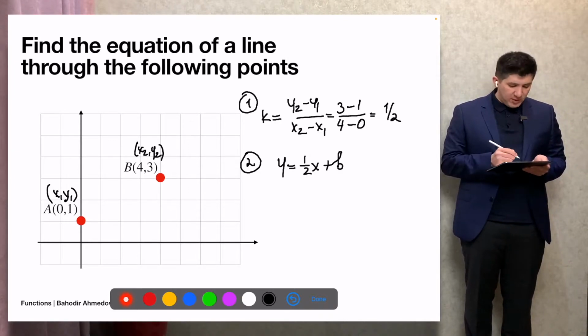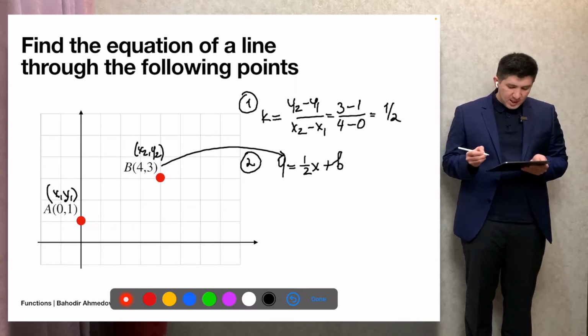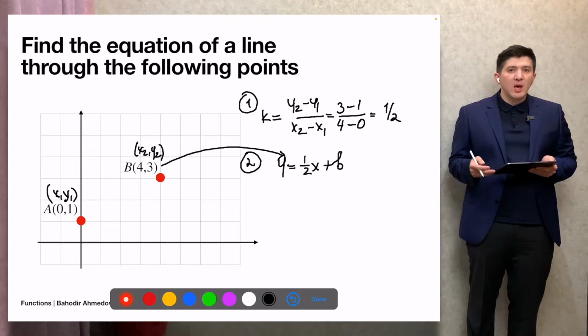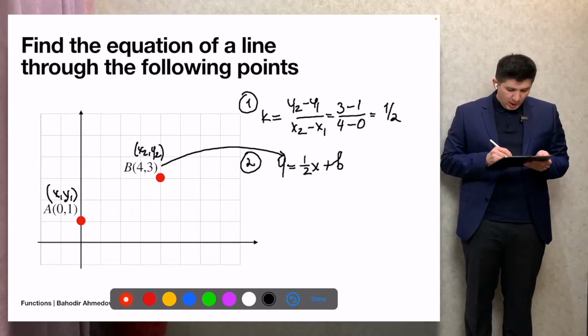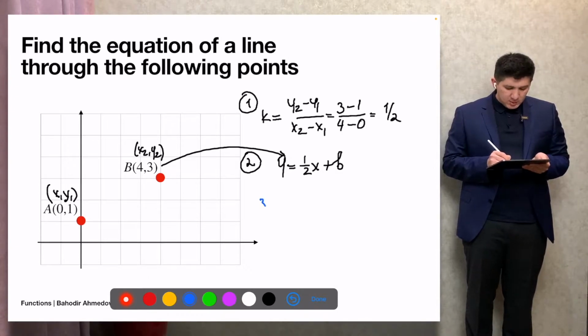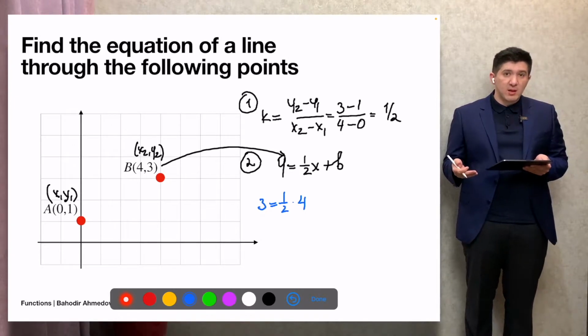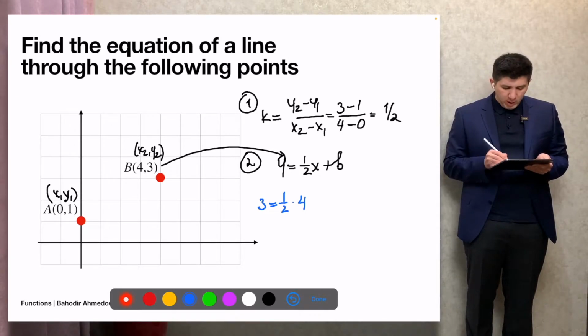So if you take this point and substitute it into this equation, or take the second point and substitute it, it should work. So I'm just going to substitute this point into here. So this is going to be 3 is equal to 1 over 2 times 4 plus b. Instead of y, I substitute 3, and instead of x, I substitute 4. So from here, it is clear that b is equal to 1.